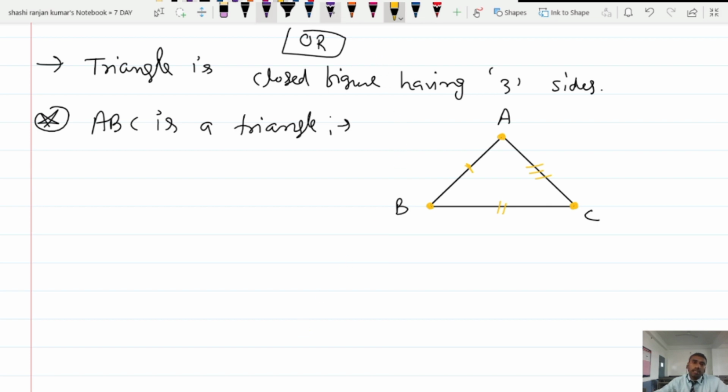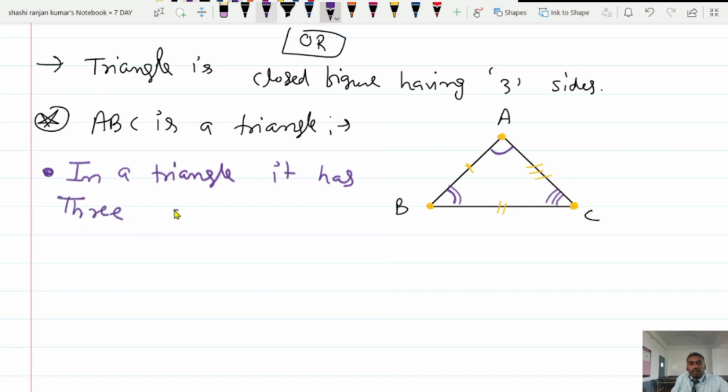And you can see three angles are also there. Let us suppose this is one angle, this is the other angle, and this is the other angle. So in a triangle we have three sides, three vertices, and three angles. Let us write these points. In a triangle, it has three sides.